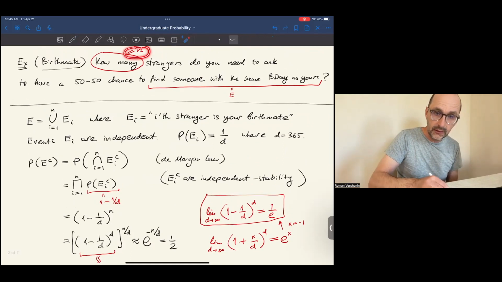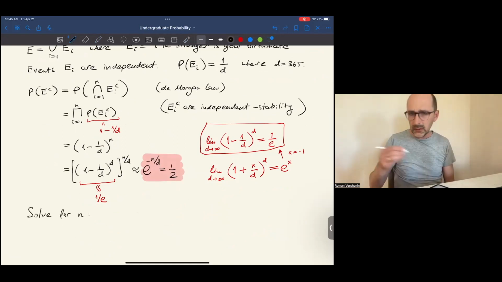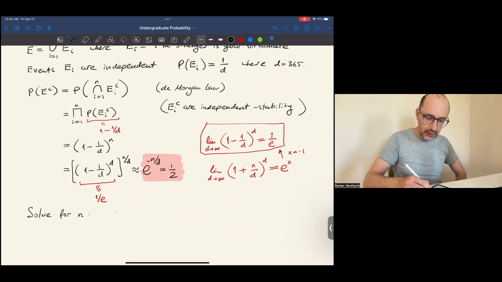We need to find the value of n. Solve this equation in n. Take the logarithms of both sides, multiply by d, and you get that n will be d times natural log 2. d is 365, and putting this in the calculator, we get approximately 253.